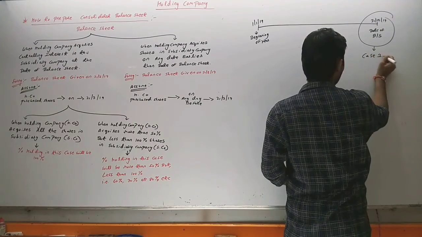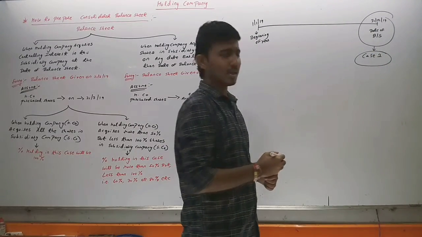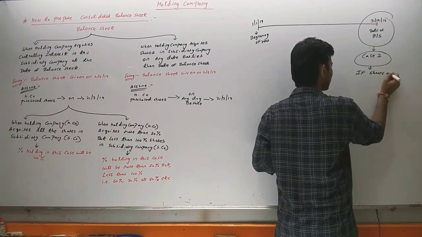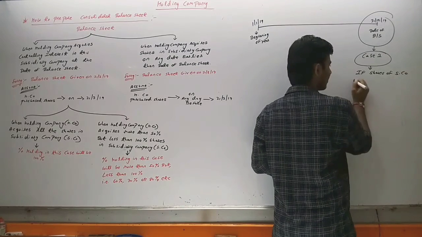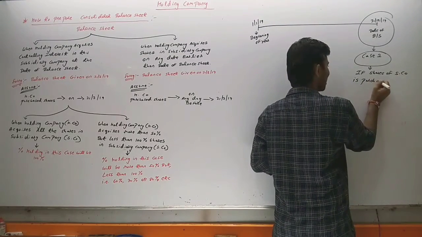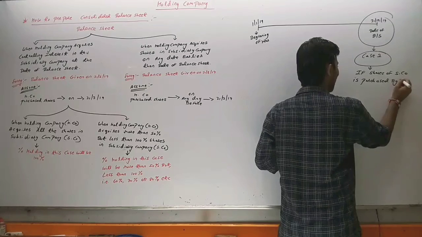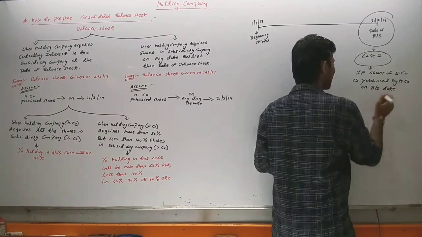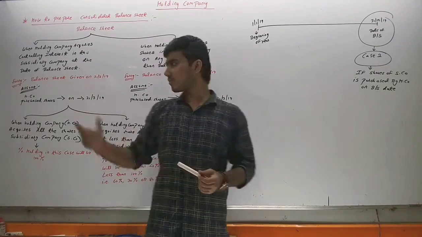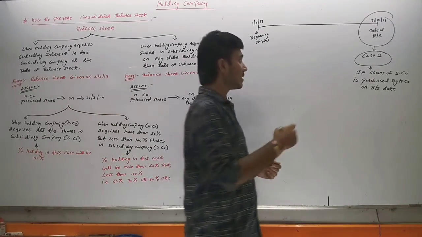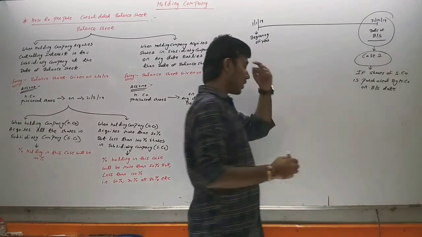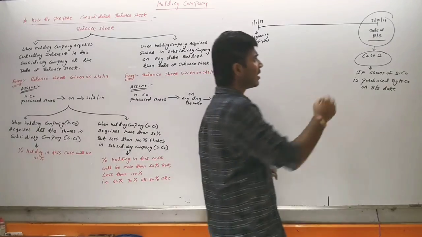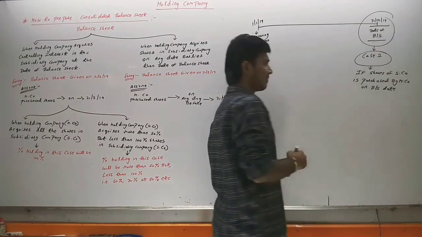We are seeing case 1, and what the case 1 says, if shares of subsidiary company is purchased by holding company on balance sheet date, which means holding company has purchased the shares of subsidiary company at the balance sheet date, which means at this date. So assume that holding company has purchased the shares on 31st December 2019.